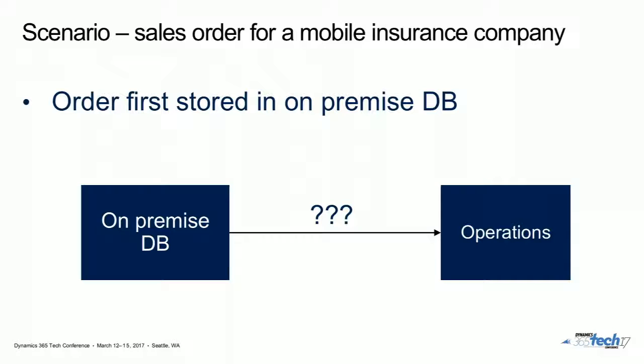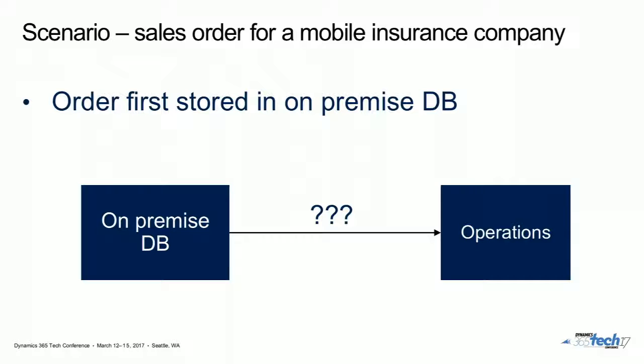And they have D365 for operations, and they want to sync these sales orders to operations so that they can further track them, and they have a services component against that in operations. In terms of pattern, this is really high volume, so what's your recommendation?